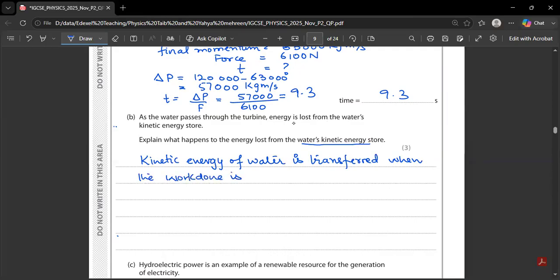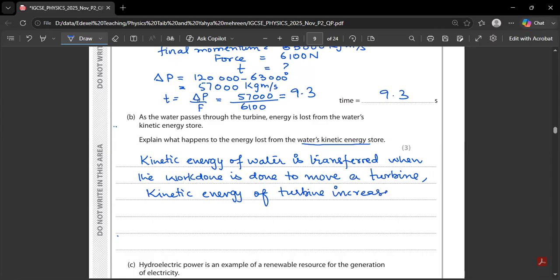Work is done to move a turbine, right? So the kinetic energy of the turbine increases, right?